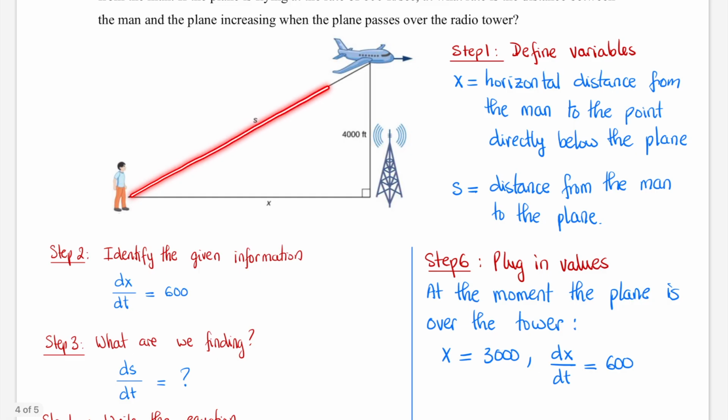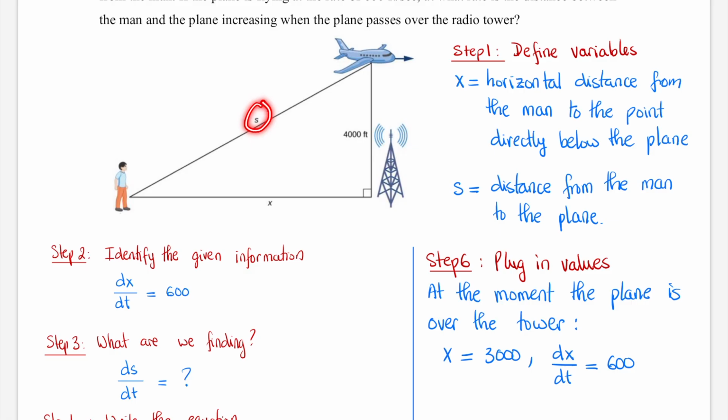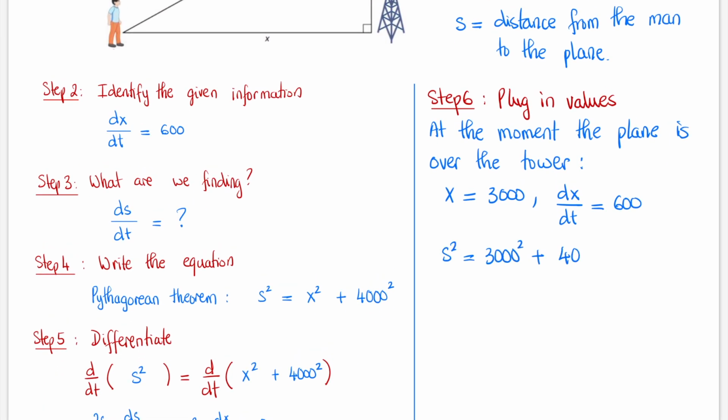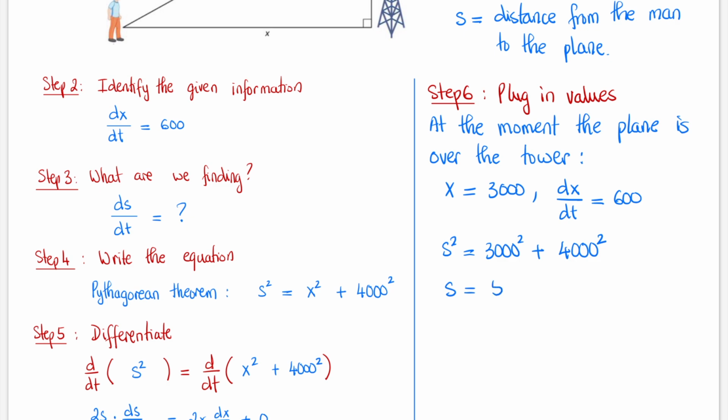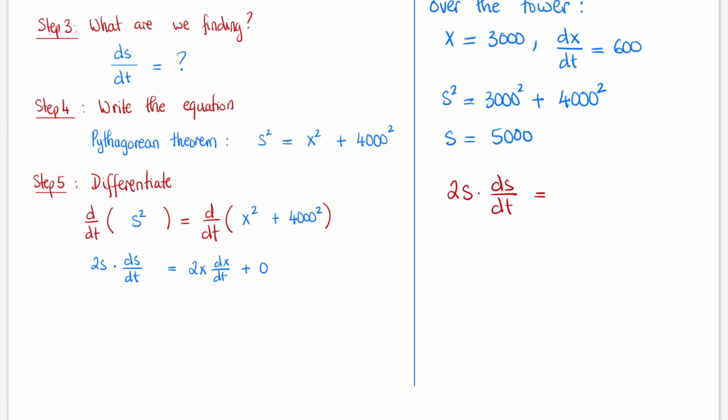To find this distance, I need to use the Pythagorean theorem. s squared equals 3,000 squared plus 4,000 squared, and s is 5,000. Now, I'm ready to plug in the values. I will replace s with 5,000, replace x with 3,000, replace dx/dt with 600.